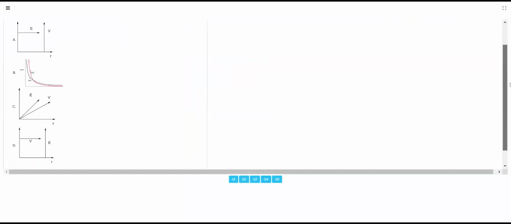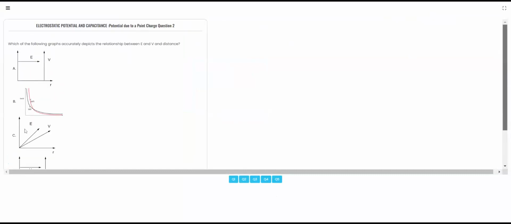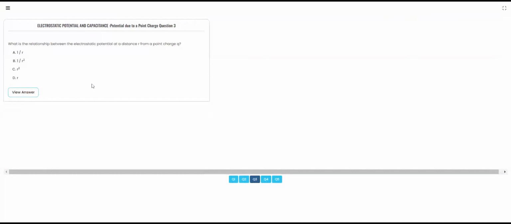Yes, one interesting question from this topic. The question is, what is the relationship between electrostatic potential at a distance r from a point charge q? What is the formula for electrostatic potential, and what would be the right answer?